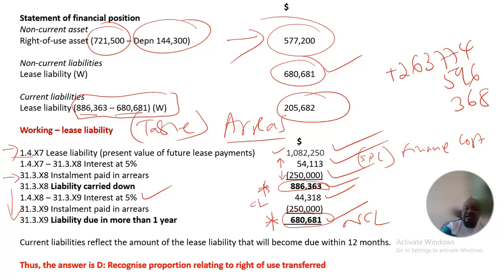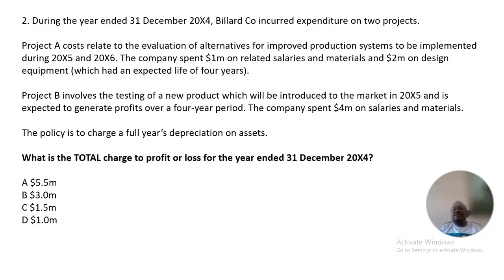All right, so guys, let's move on. There is this question. During the year ended 31st December 2024, Billard Company incurred expenditure on two projects. Project A, costs relate to the evaluation of alternatives for improved production systems to be implemented during 2005 and 2006.